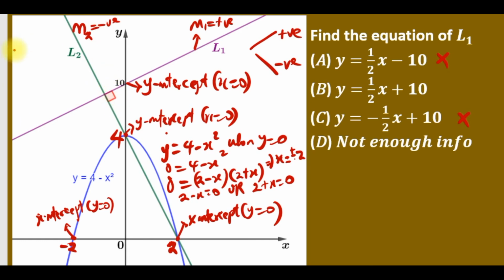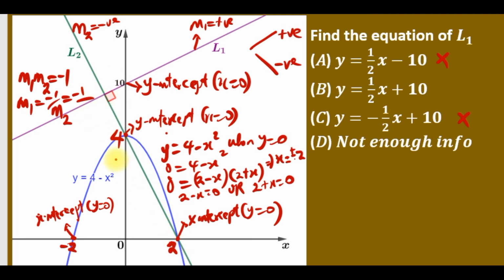From coordinate geometry, if the product of two slopes is -1, the two lines are perpendicular. That's the knowledge we're going to use here. First, let's get the slope of L2. We are looking for the slope of L1, meaning m1 is now -1 over m2. So once we know m2, we know m1.